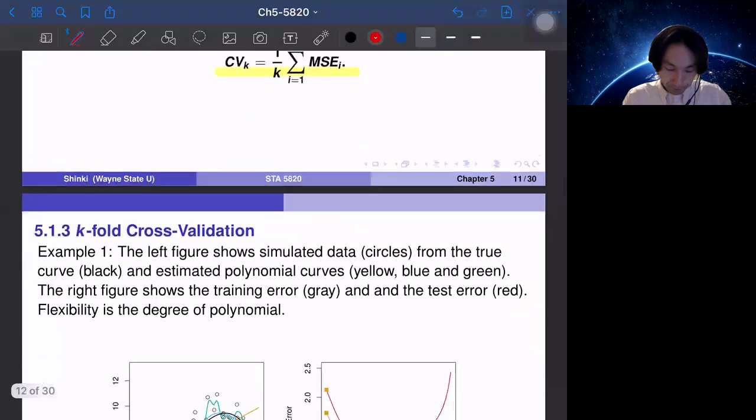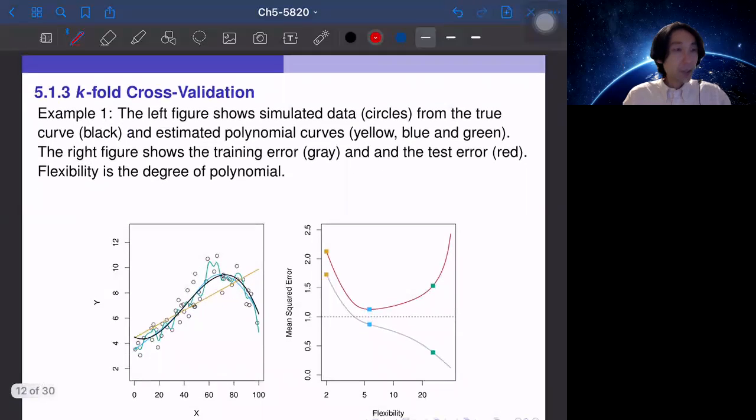Okay. And here are several graphical examples. At first, this is the simulated data, and the true trend line is this black line.